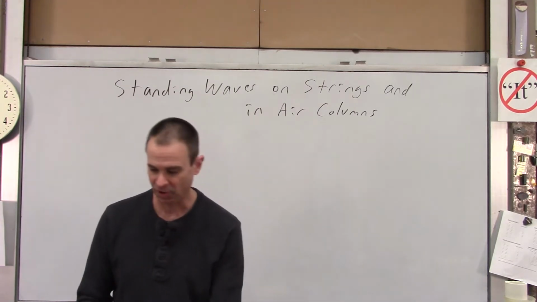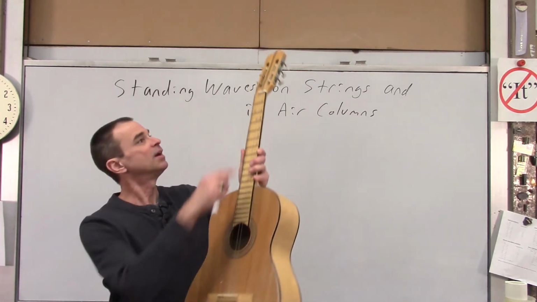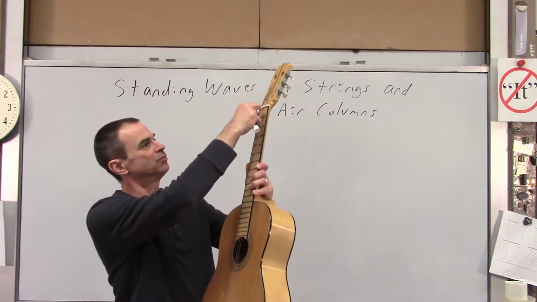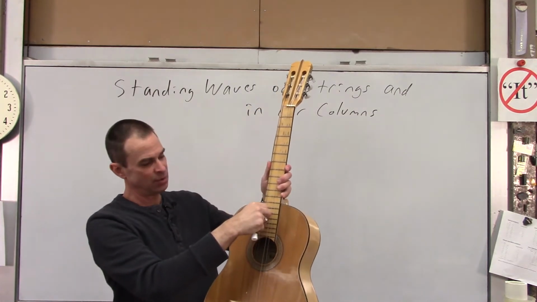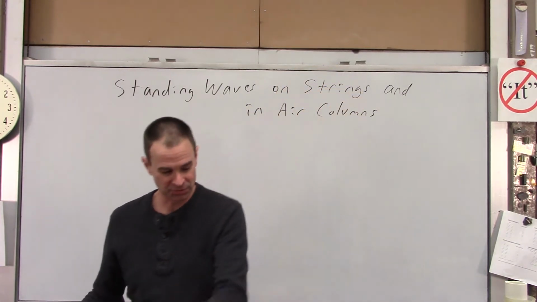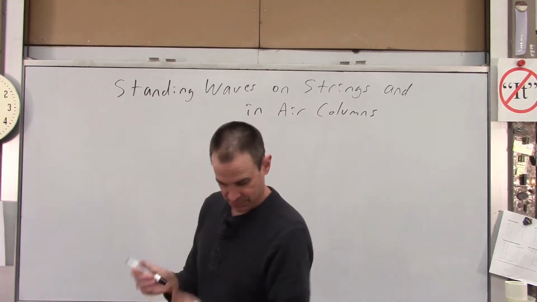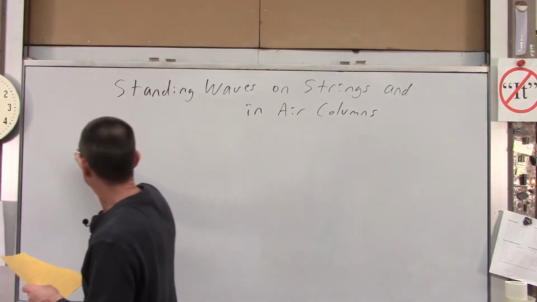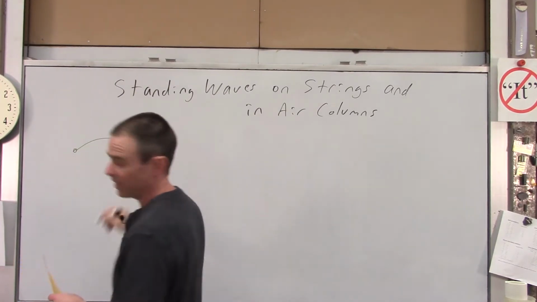So when you pluck a guitar string, this would be a node, and this here would be a node. So you've got two nodes, and then you've got an antinode in the middle. So what does that look like? You've got a node there and a node there, and your string's going to look like that.